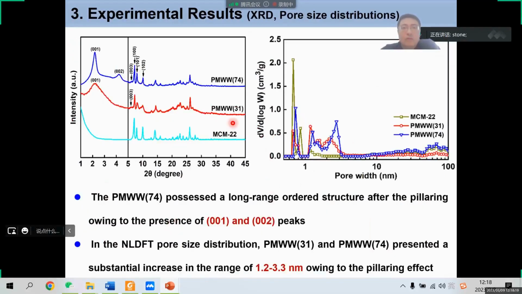And this is the XRD patterns and pore size distribution for the repeated MWW zeolites. From this XRD pattern, we find the repeated MWW zeolites exhibit long-range ordered structures. From the pore size distribution, we find the repeated MWW zeolites exhibit obvious mesoporous structures compared to conventional MCM-22.